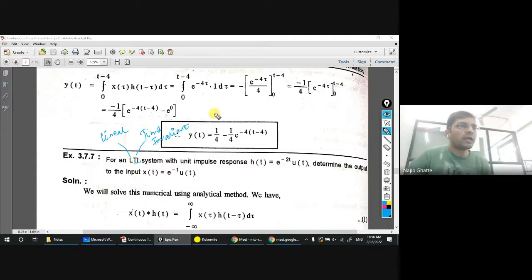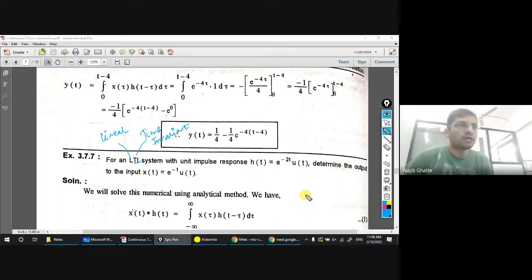Okay, kindly make a note of this. L stands for linear and TI stands for time invariant system. When we study systems, at that time we will understand better the meaning of linear, time invariant. Okay, no worries about it.